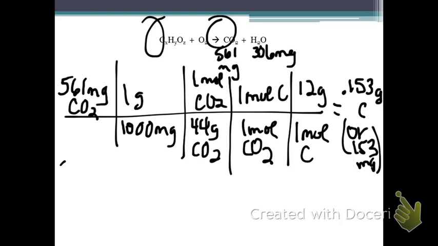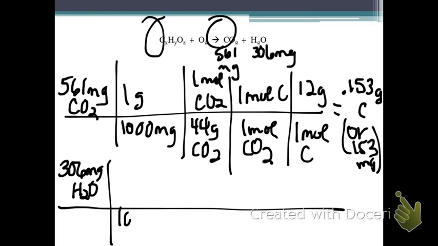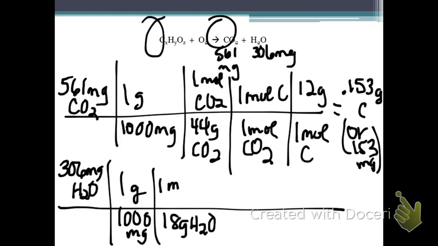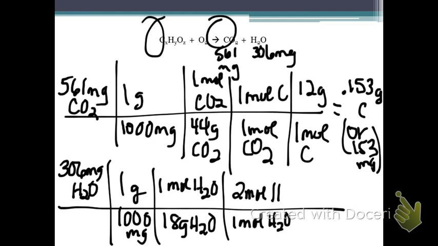Secondly, start with the water, 306 milligrams of water. 1,000 milligrams every gram. 18 is the mass of water for every 1 mole of water. For every mole of water, you get 2 moles of hydrogen. And I know that because when you look at water, there are 2 hydrogens.